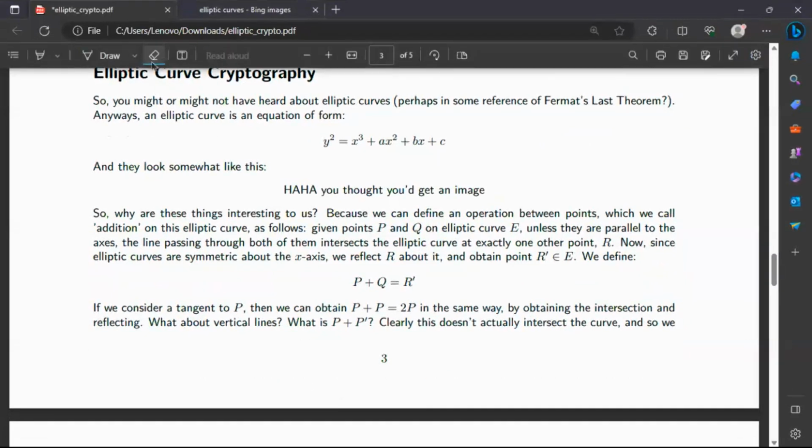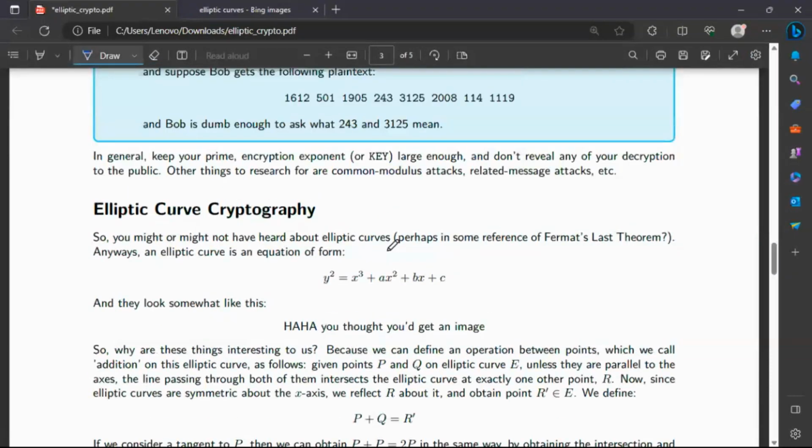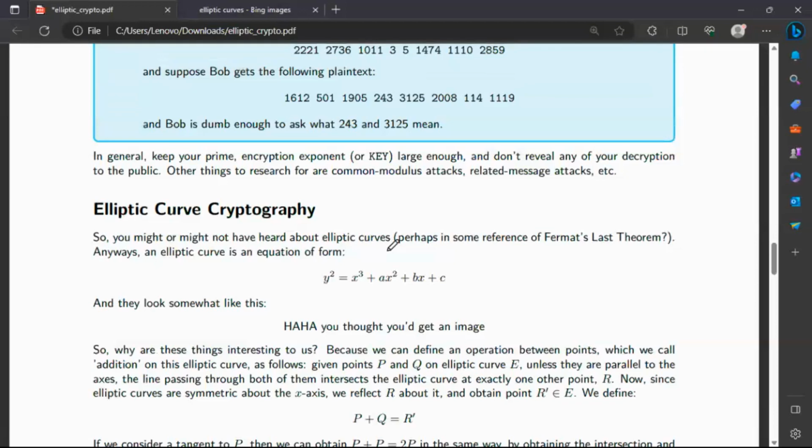Moving on. Elliptic curve cryptography. You may or may not have heard of elliptic curves in some reference of maybe Fermat's last theorem, maybe not, but very unfortunately, we're not going to be discussing Fermat's last theorem today. Very, very sad.